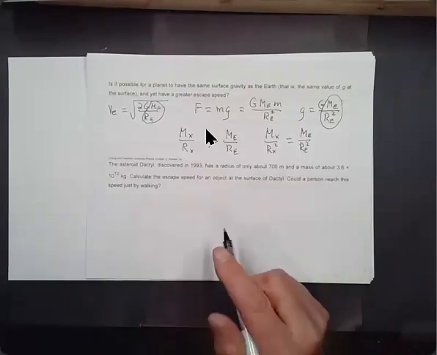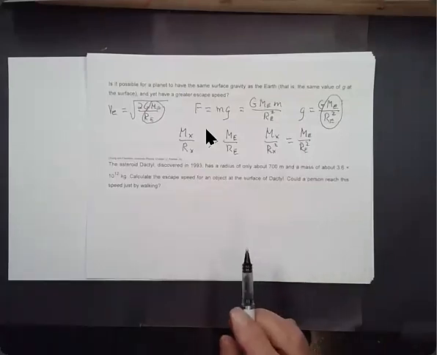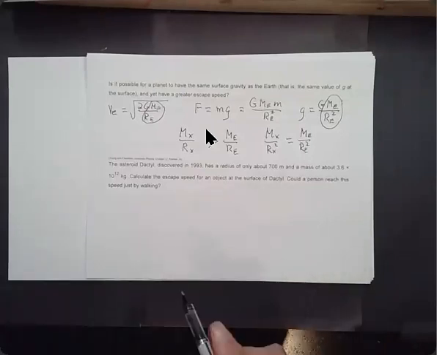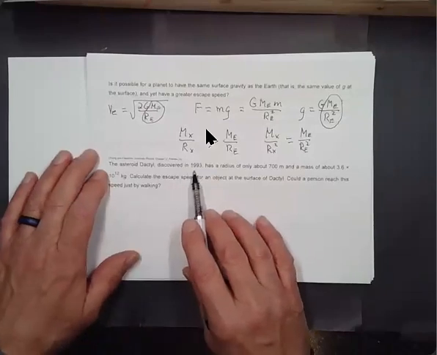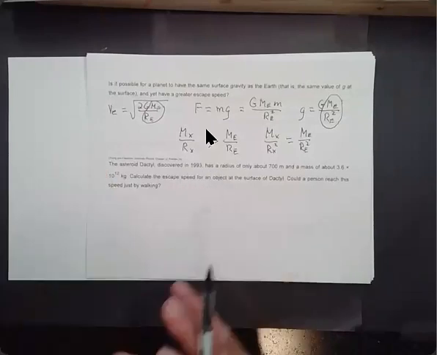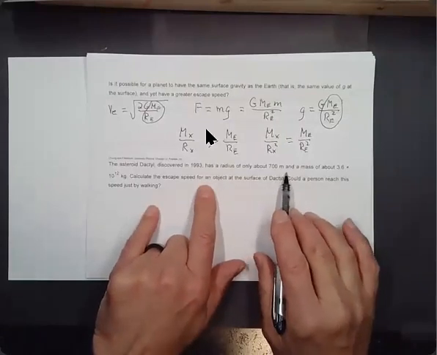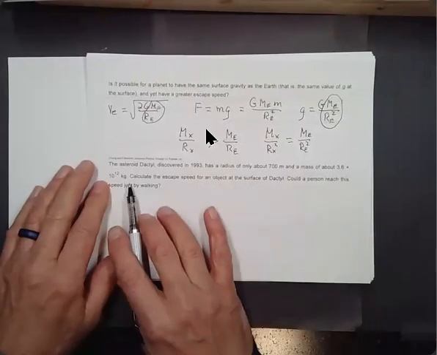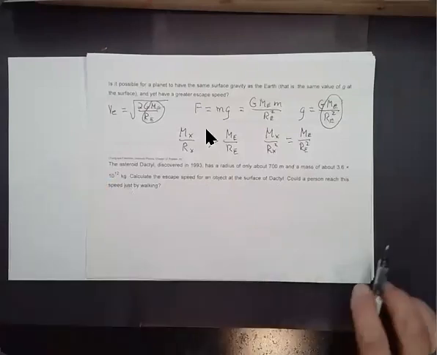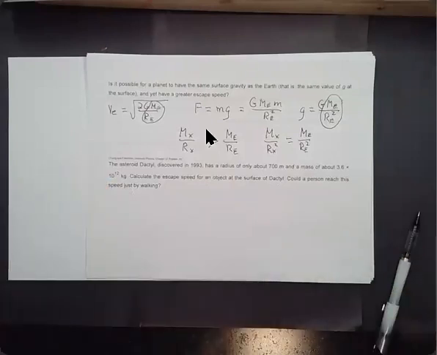Okay, let's look at another situation. The asteroid Dactyl, discovered in 1993, has a radius of only about 700 meters and a mass of 3.6 times 10 to the 12th kilograms. We'll learn shortly, especially in tomorrow's lab, just how you can determine the mass of something, even though you can't get anywhere near it.